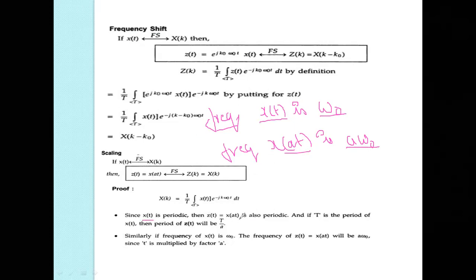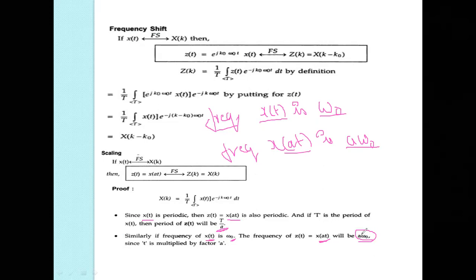If x of t is periodic and z of t is x of at, the period is T by a, and if omega naught is the frequency for x of t, for x of at it will be a into omega naught.